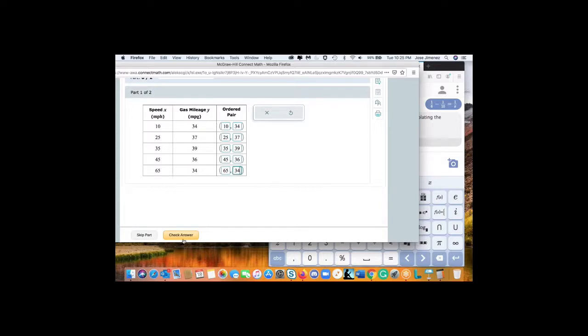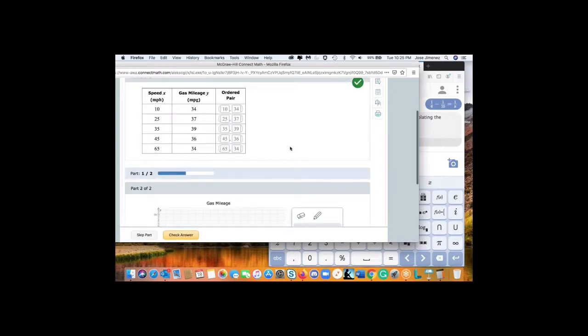Just repeat the same numbers. That's ordered pairs, and this is always the x is the first number, and the y is the second number in the ordered pairs. That's the first. We just put the same numbers in the same order.